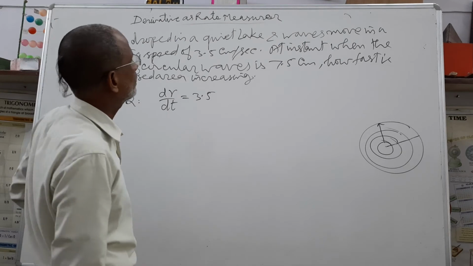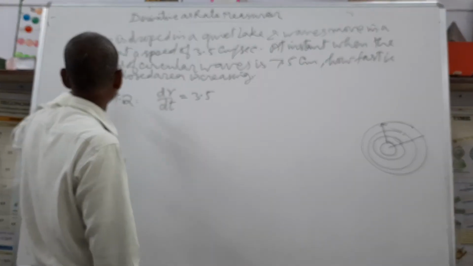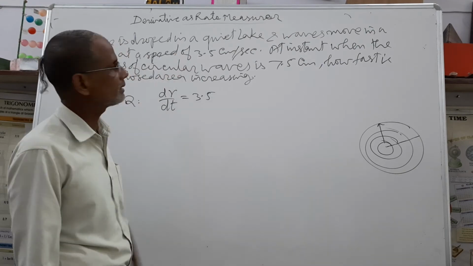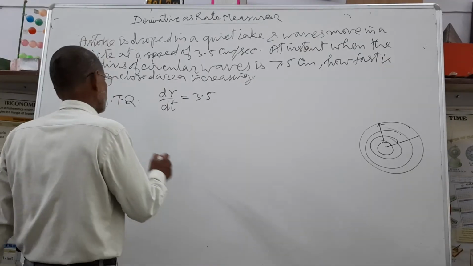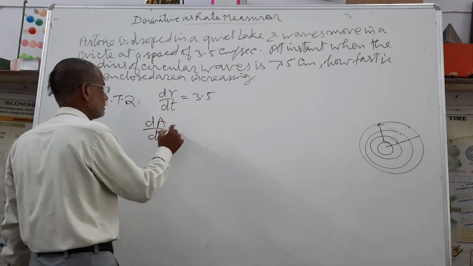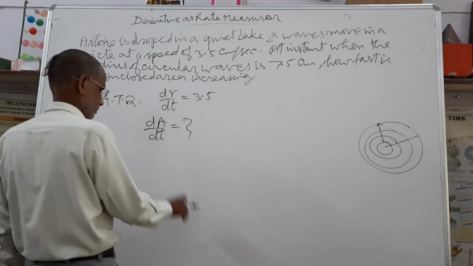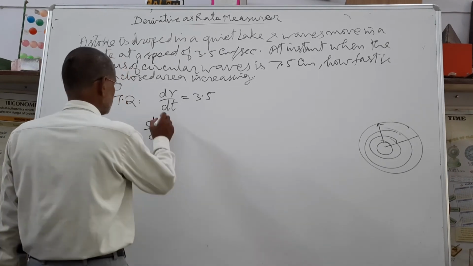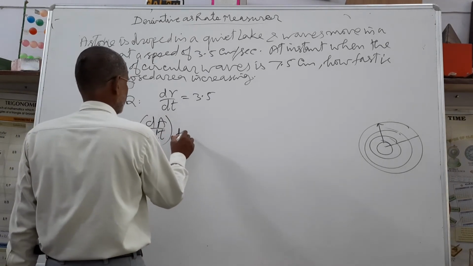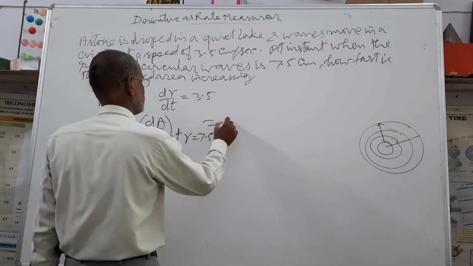Now you are required to find how fast is the enclosed area increasing. You are required to find dA dt at r is equal to 7.5 centimeter.